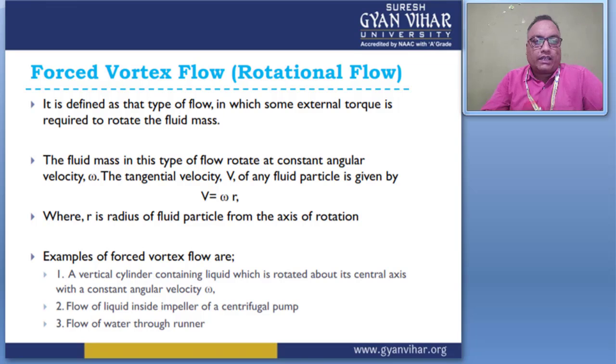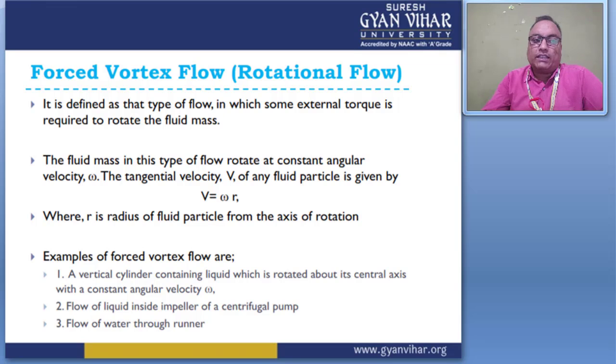One example is a vertical cylinder containing liquid which rotates about its central axis with a constant angular velocity omega. The best example for this is your washing machine, a top loading washing machine. The second is flow of liquid inside the impeller of a centrifugal pump.